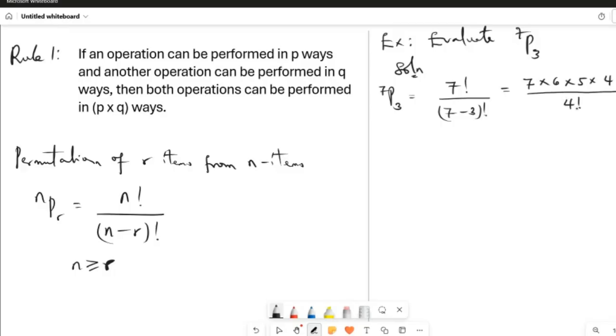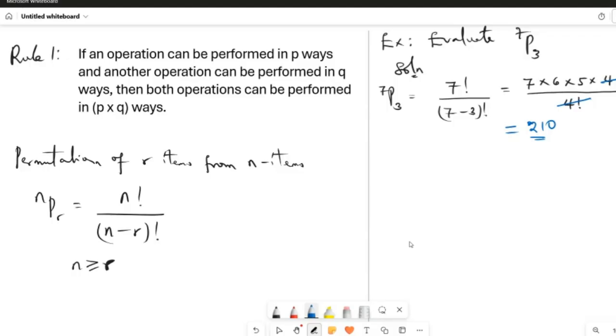Of course, this 4 factorial will cancel out. And then you have 30 multiplied by 7, which is going to give you 210. So the final answer here is 210. You see, this is applying the formula directly. So sometimes permutation is about the kind of question you're going to see. They will just give you and you apply it directly.